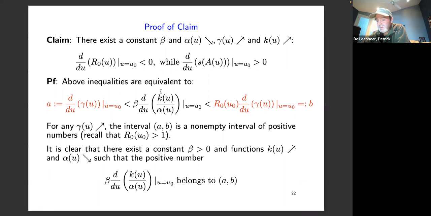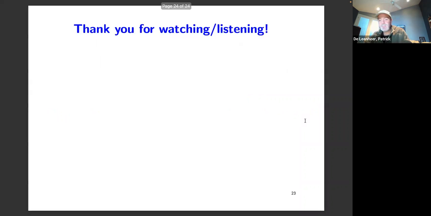This is a positive number here. So it's not hard to convince yourself that you can make this thing fit in the interval AB. And that then entails the dangerous strategy: R naught is decreasing, but at the same time, you're actually destabilizing your infectious disease more. All right, I'll stop here. I'm already over time, but thank you for listening.